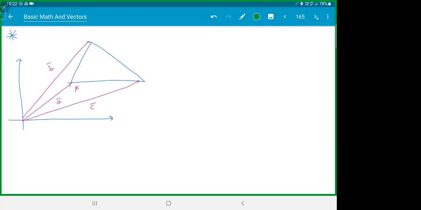So this side will be B bar minus A bar, and this side will be C bar minus A bar. So area of the triangle. Don't write A cross B bar here because A and B bar are not the sides. So area of the triangle will be half of B bar minus A bar cross C bar minus A bar.